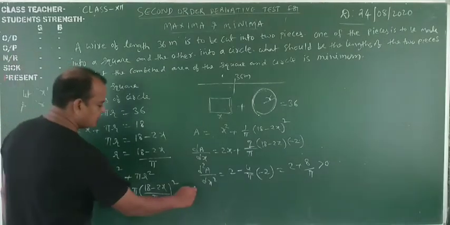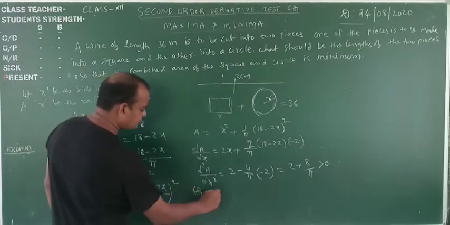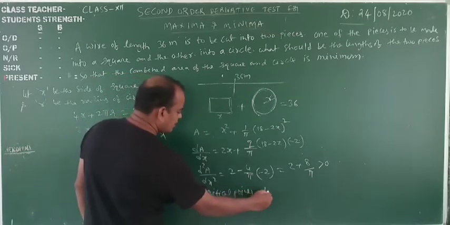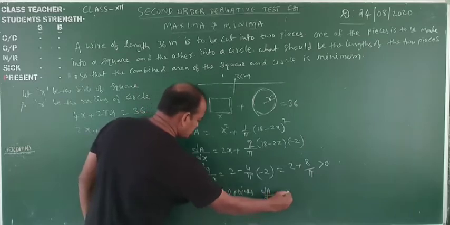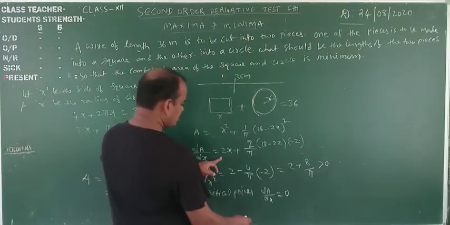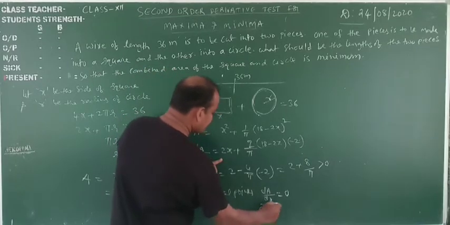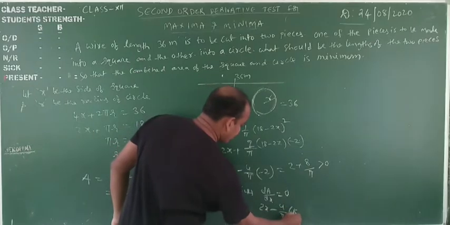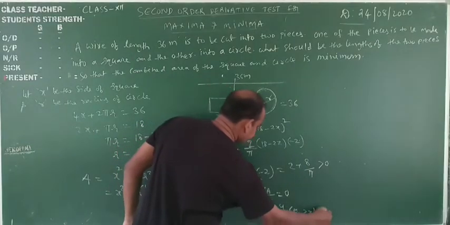Now, for critical points, dA by dx is equal to 0, my dear students. So 2x minus (4 by pi) into (18 minus 2x) is equal to 0.